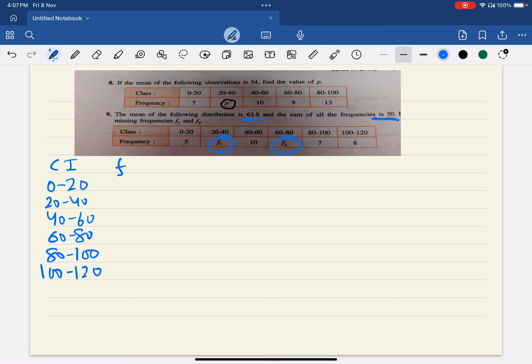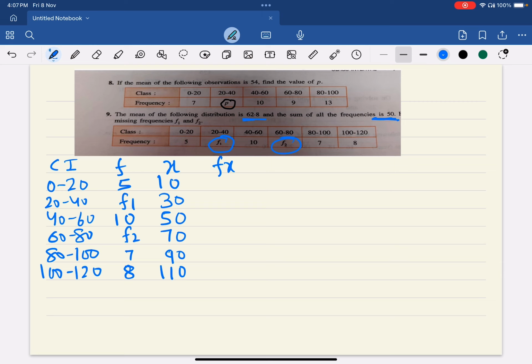Now let us write the frequencies: 5, then F1, then 10, then F2, 7, and 8. Now, as I said, we need class marks. You can see it is similar to the previous question, so I'll just do that: 50, 70, 90, and 110. Now, the next step is to find fx.